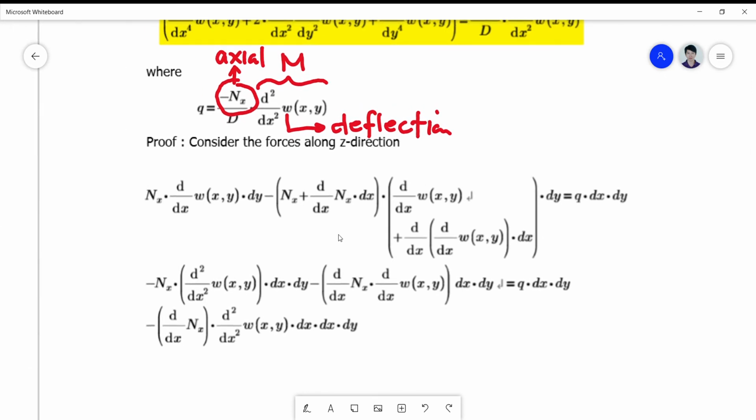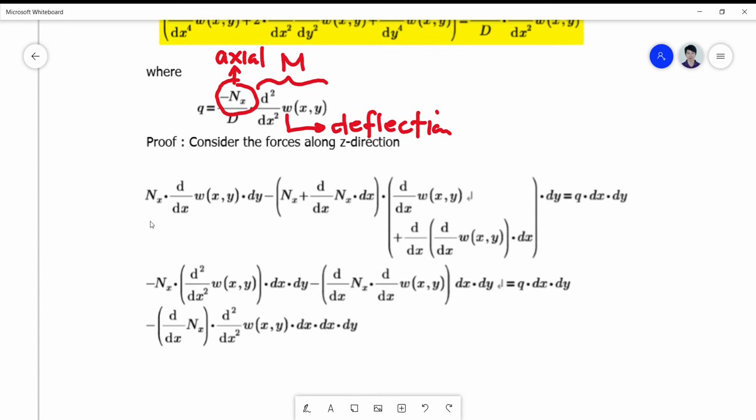Aside from those two forces, of course, we have to equate it to the load applied transversely, if there is a transverse load Q on your plate element. Actually, this transverse load Q will then be the basis for our consideration of the actual load Nx later.